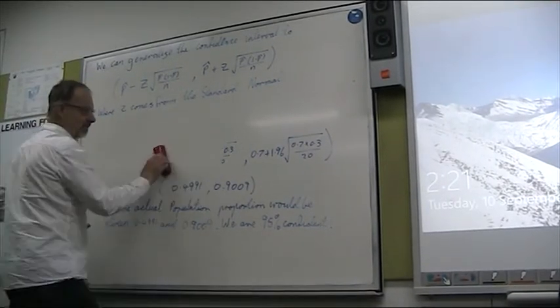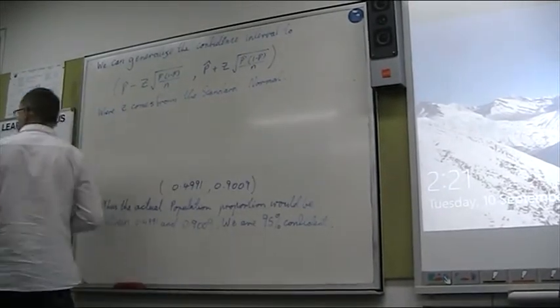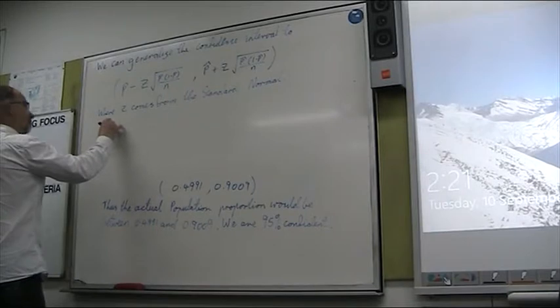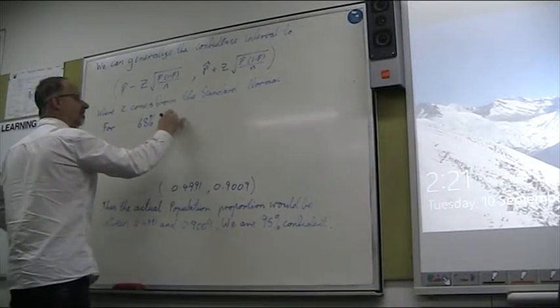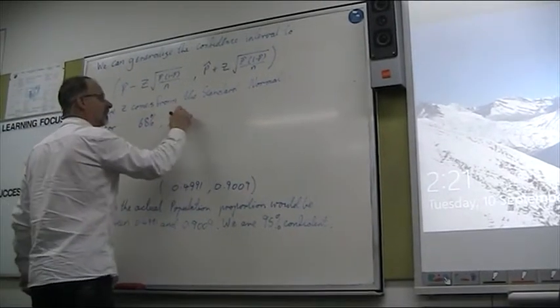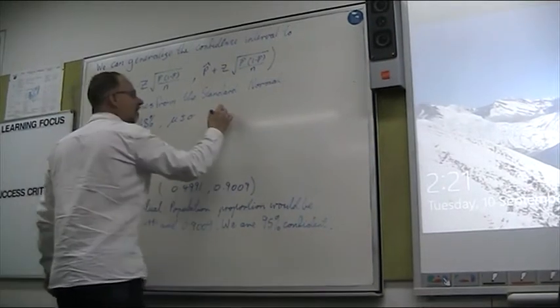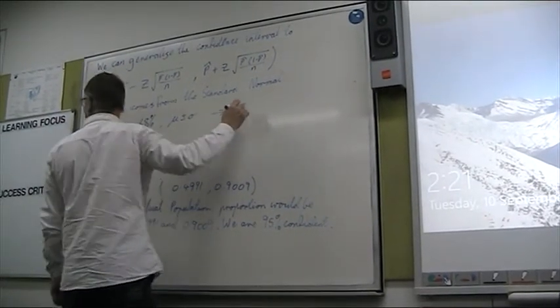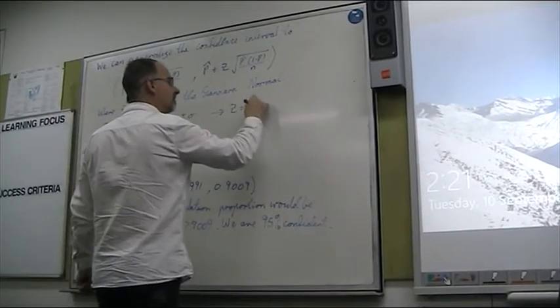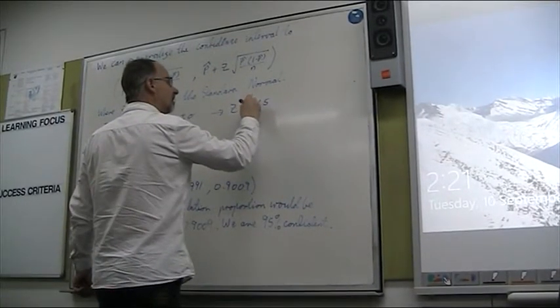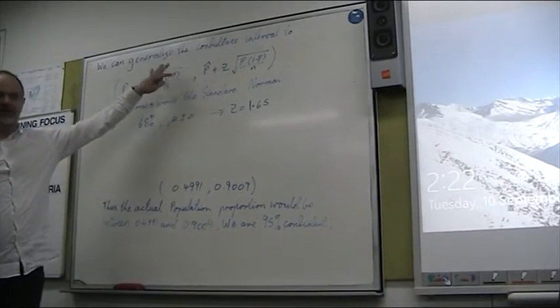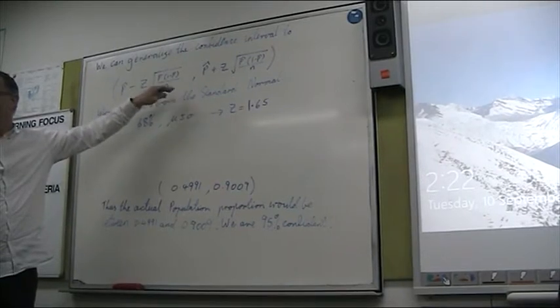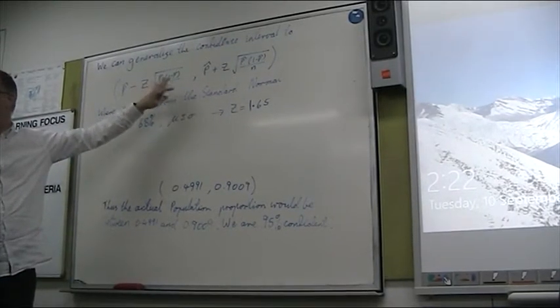So, what are those Zs? Those Zs are this. For 68% confidence, which is the mean plus or minus the standard deviation, the Z we use for that is 1.65. All right, before you start to panic about how you're going to remember this, this is the sort of stuff you're going to have your calculator for. It's not the sort of stuff you're going to get on exam 1 where you haven't got your calculator.